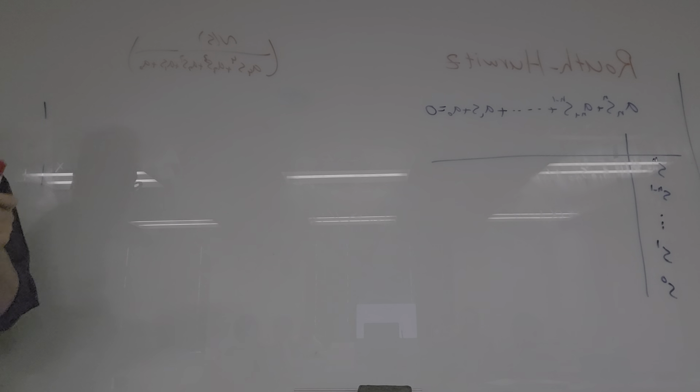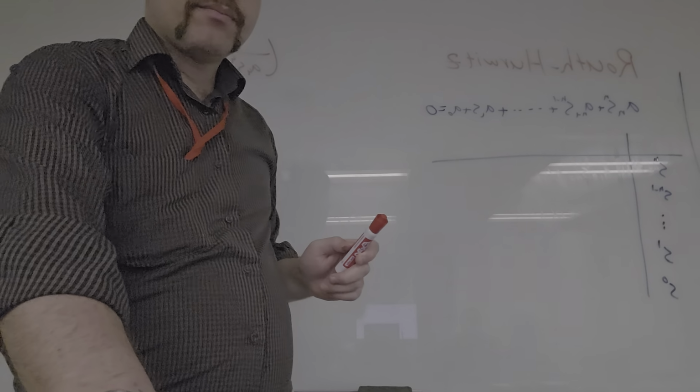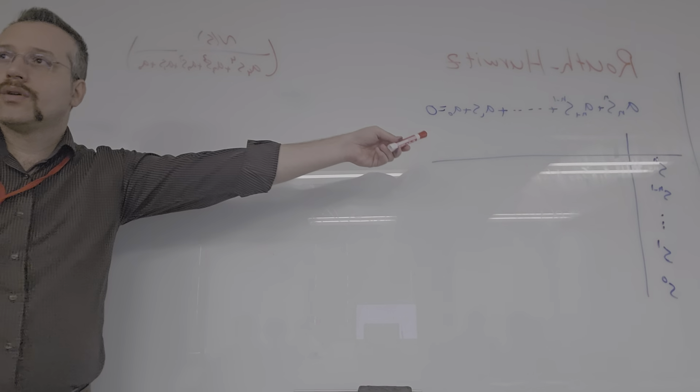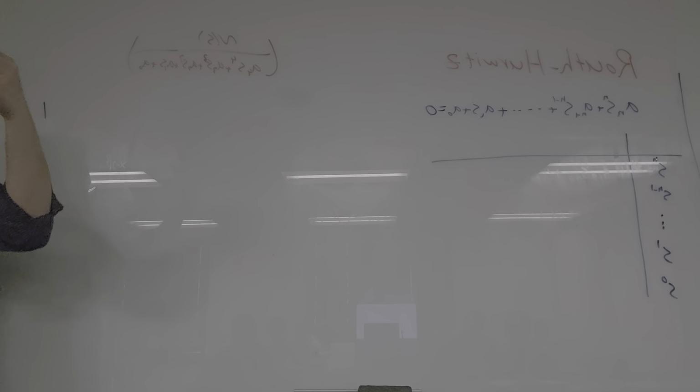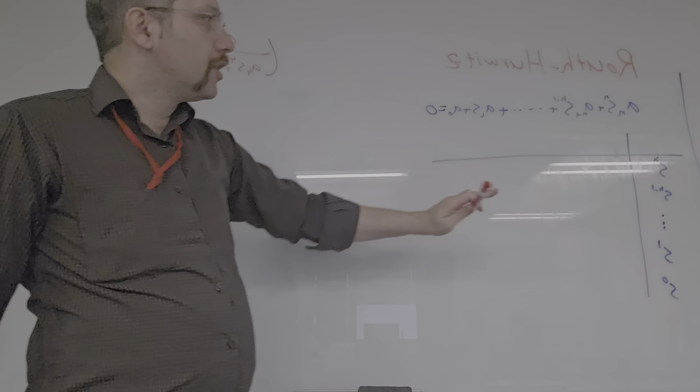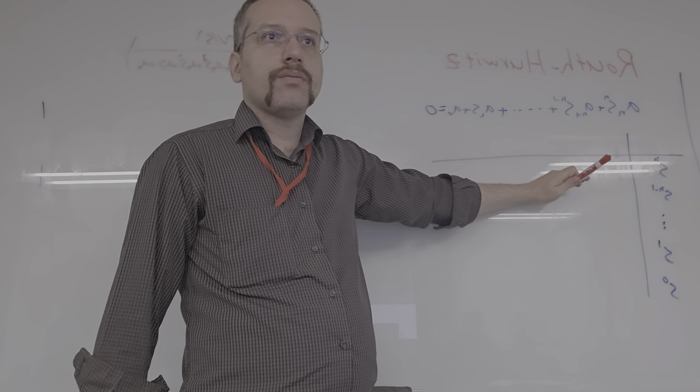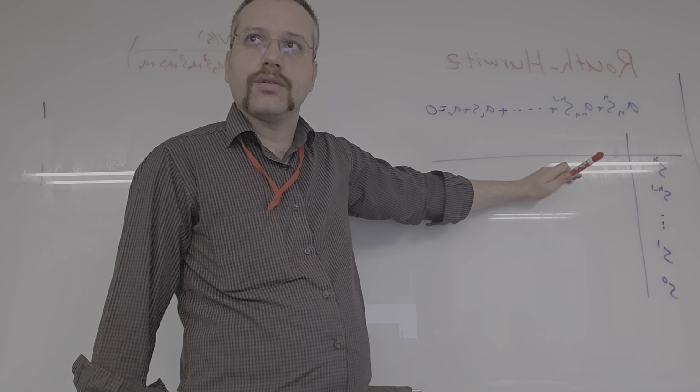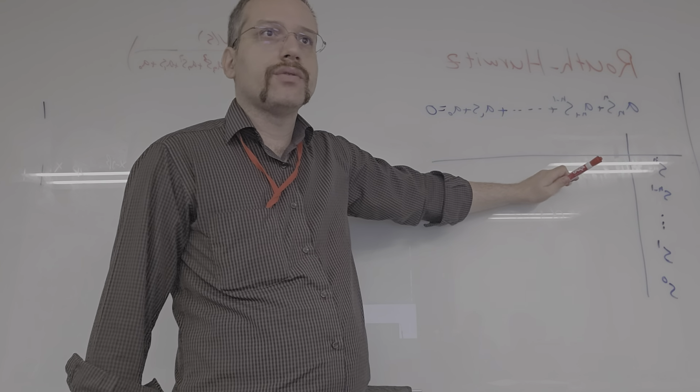Now, when we want to use Routh-Hurwitz for stability analysis, the first step is to find this table, because that's the tool that will help us for stability analysis.